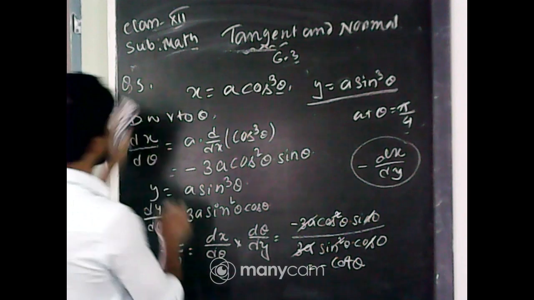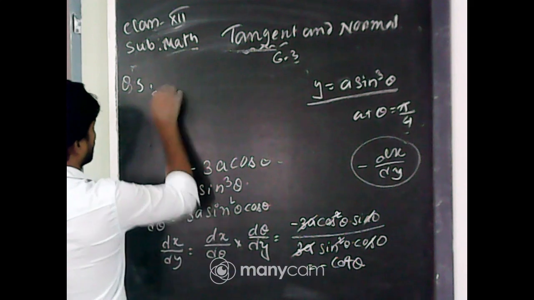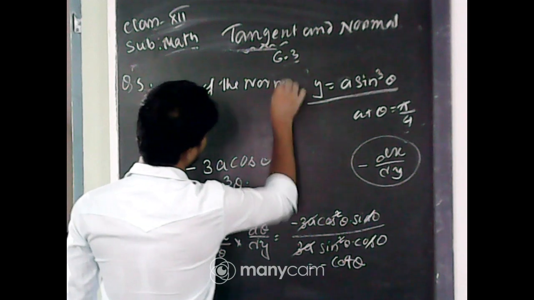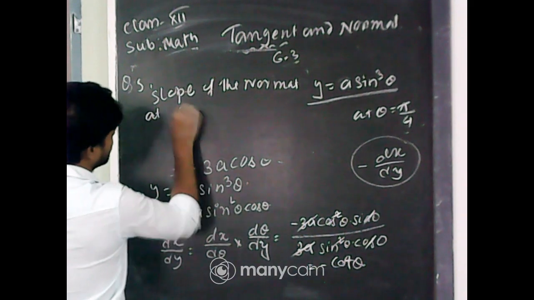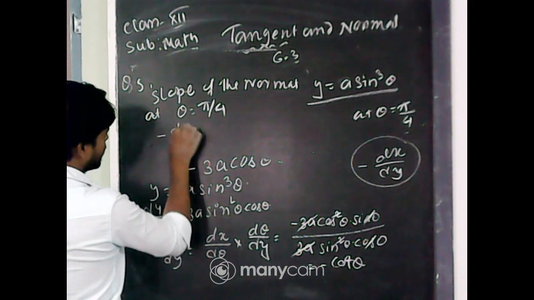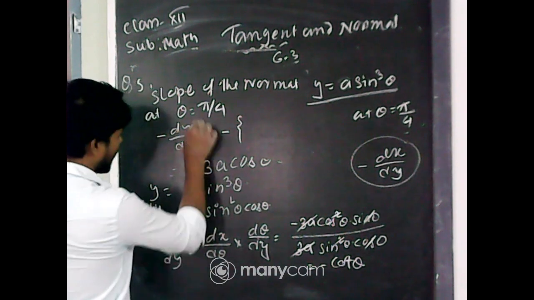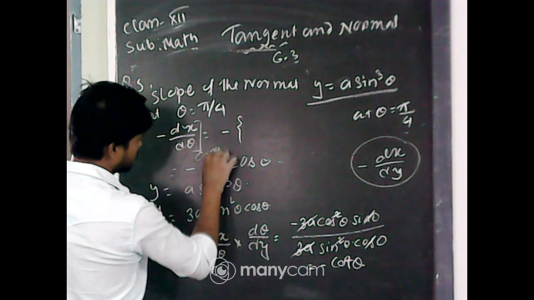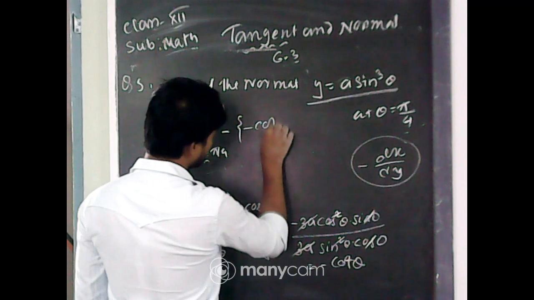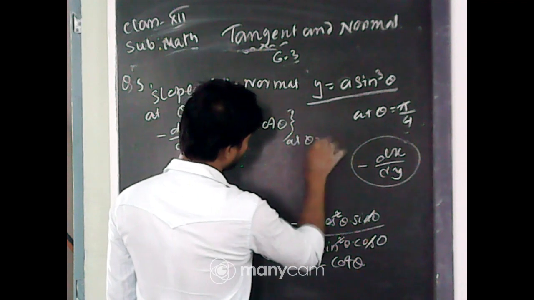Now slope of the normal at theta equal to pi by 4 is given by minus of dx dy, which is equal to minus of minus cot theta at theta equal to pi by 4.